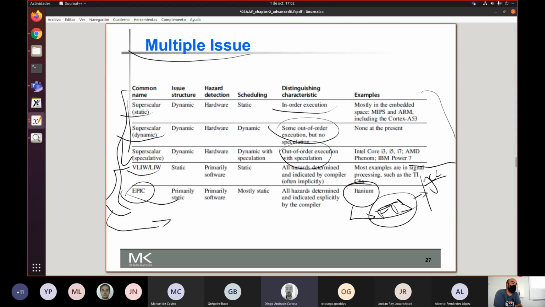But when you use ICC, as this is the processor from Intel, they knew what they had to do to create these super instructions, and it performed much better than GCC.